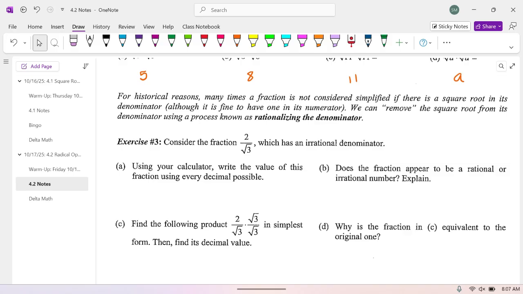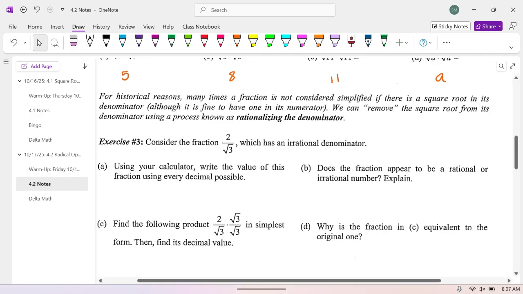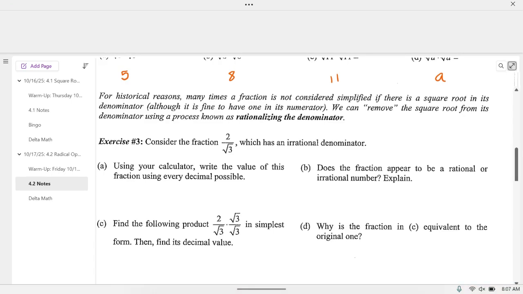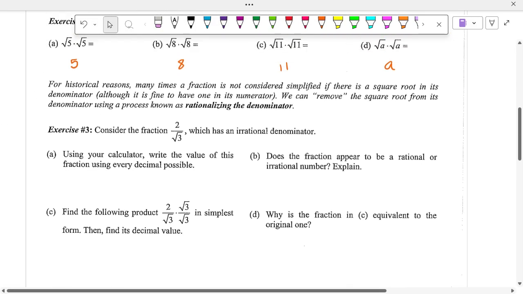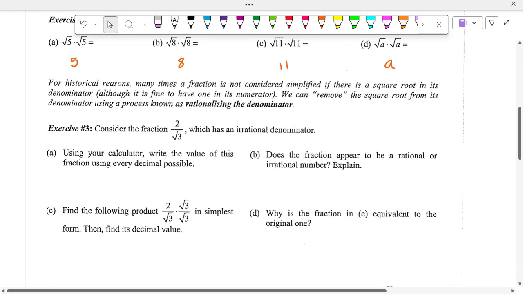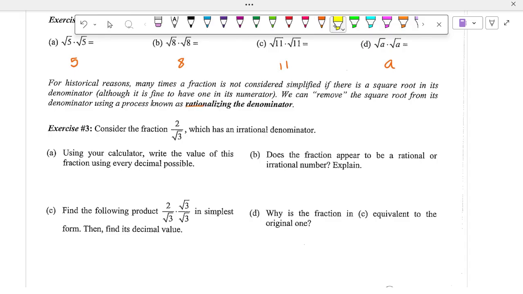You don't want an irrational number in your denominator. You want it to be like a nice, friendly, rational number. So, what you do to handle that is we do something called rationalizing the denominator. And essentially, all that means is we're removing the square root from the denominator.